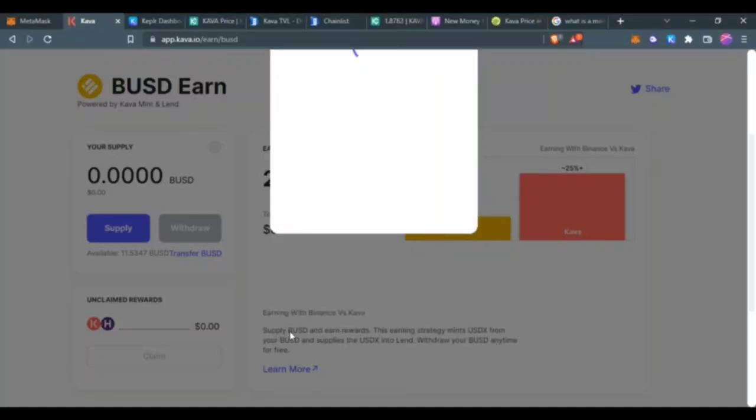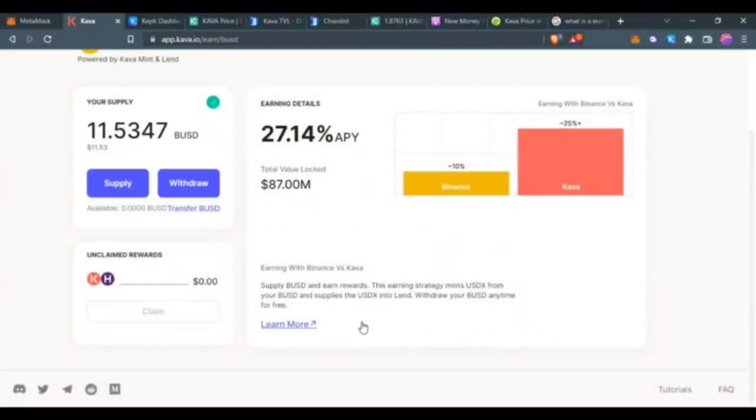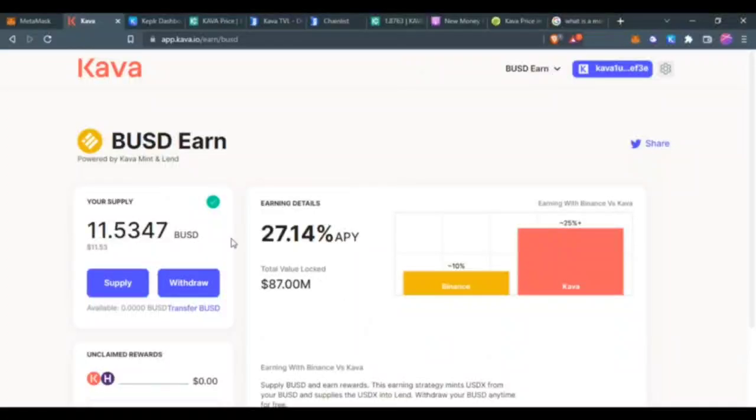Now, what's going on is you supply BUSD to earn rewards. This earning strategy mints USDX from your BUSD and supplies the USDX into Lend. You can withdraw your BUSD at any time for free. Let me see. We now have that supplied.